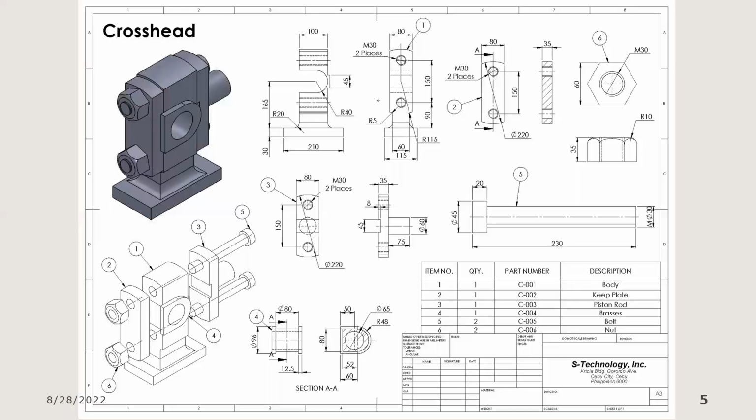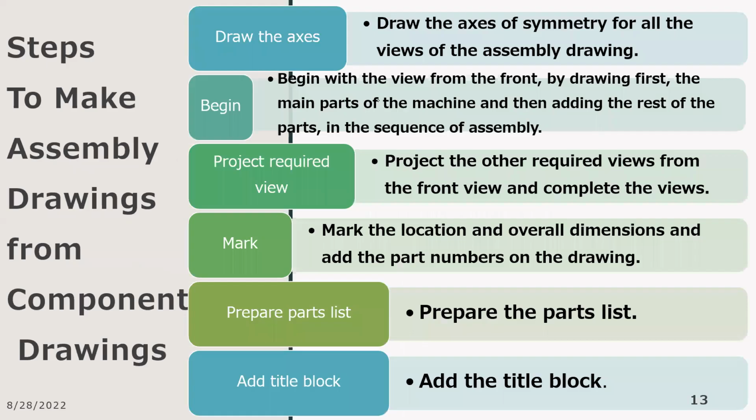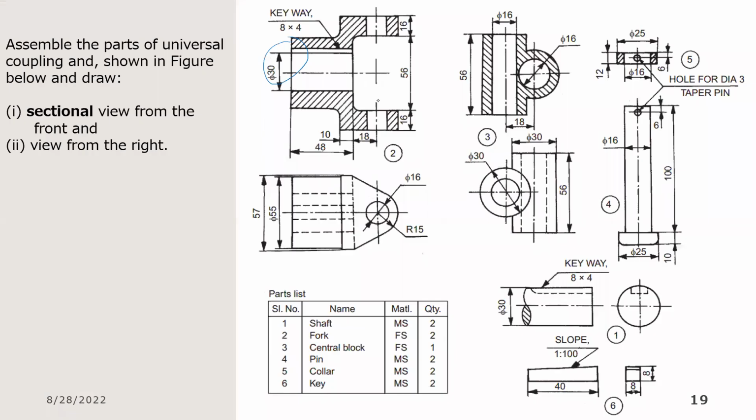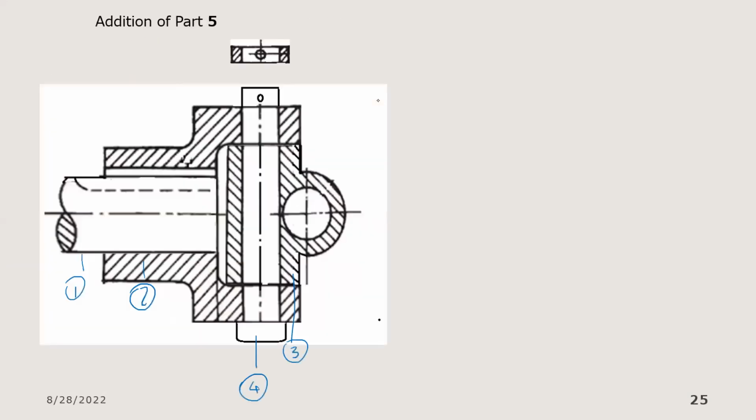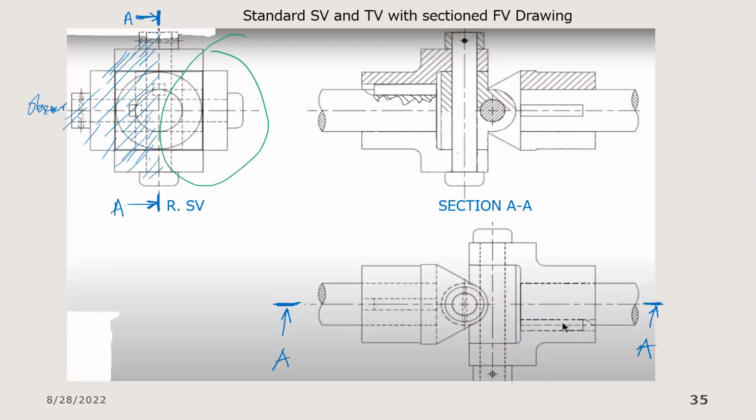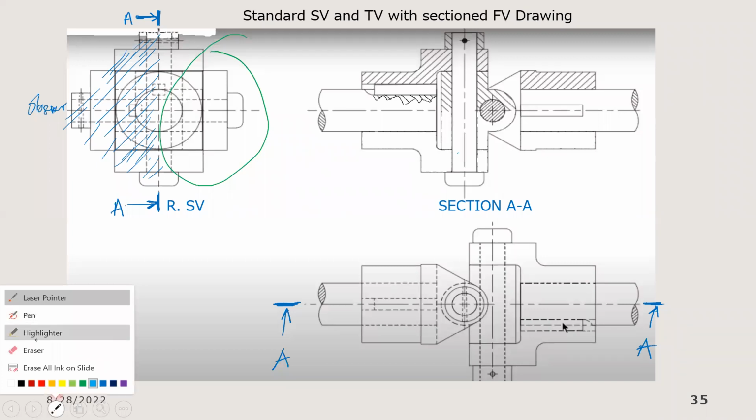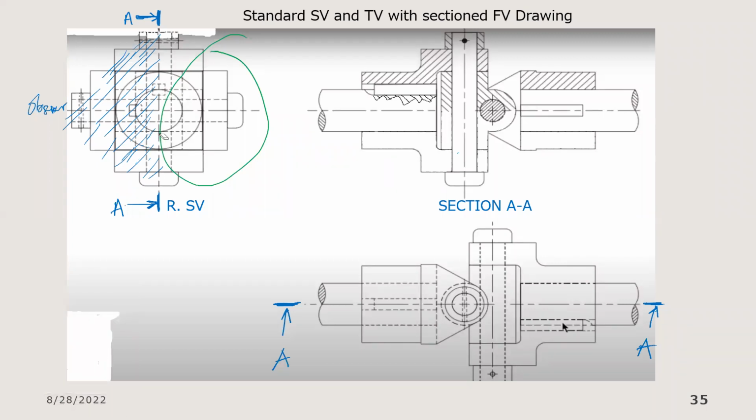Now it's up to you. This is an exercise, but you are going to take it as an assignment because this didn't happen in the tutorial class. So you are going to have this as an assignment, and I'm expecting this drawing on this slide from you, excluding the top view.